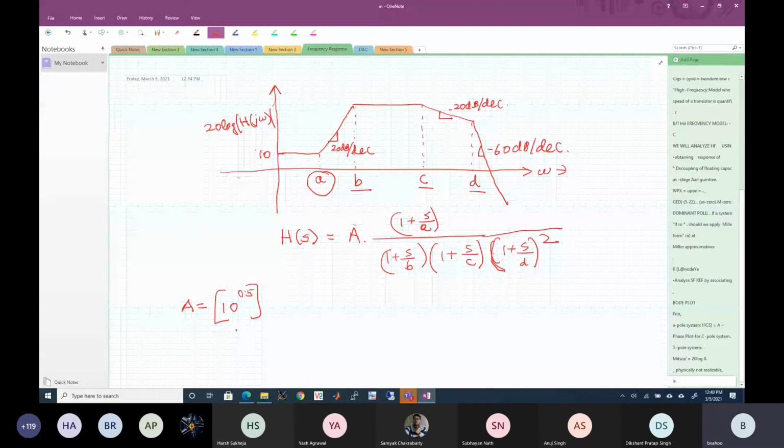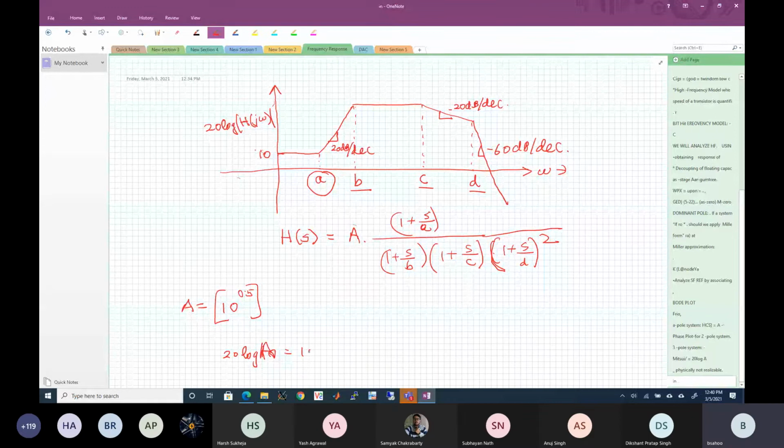Is this correct or not? So 10 is the gain. So 20 log of 10 equals 20 log of A, equal to 10. So therefore A equals 10 to the power of 0.5.